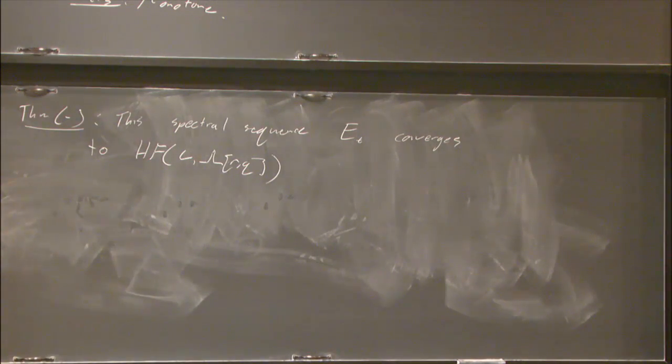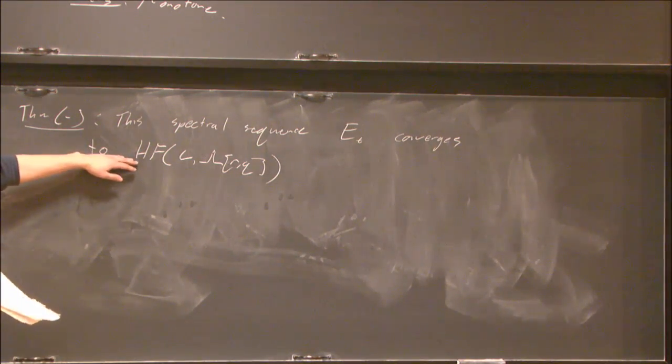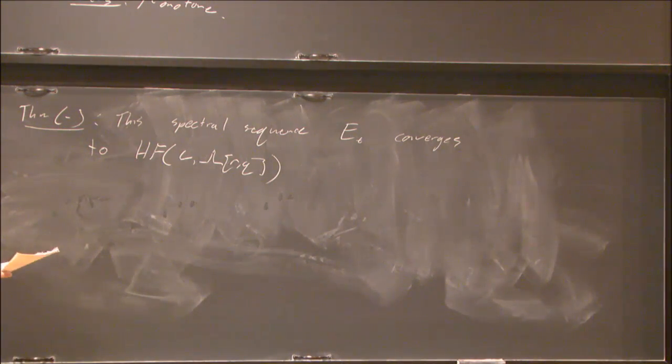Okay, or at least it converges to the homology of a chain complex, right? So we haven't seen that it's a symplectomorphism invariant or Hamiltonian isotopy invariant yet.